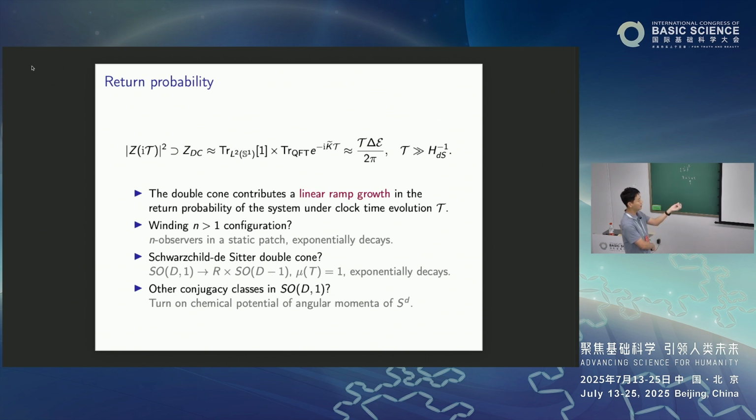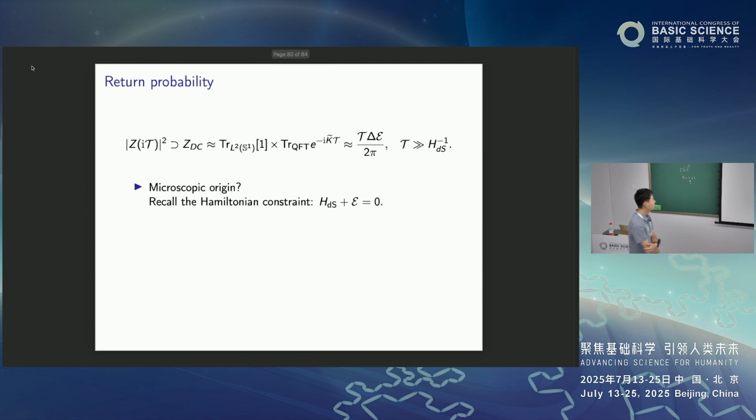In our model, the observer is not charged under the rotation, so the current model is insensitive to this angular momentum. But you can try to enrich this model by adding some rotor that's charged under the angular momentum. Then we expect you will find some new contributions.